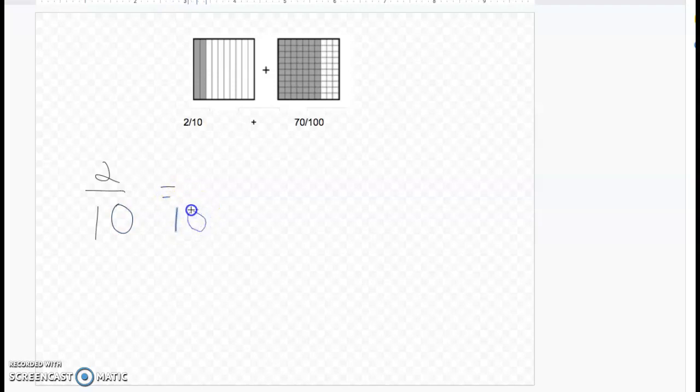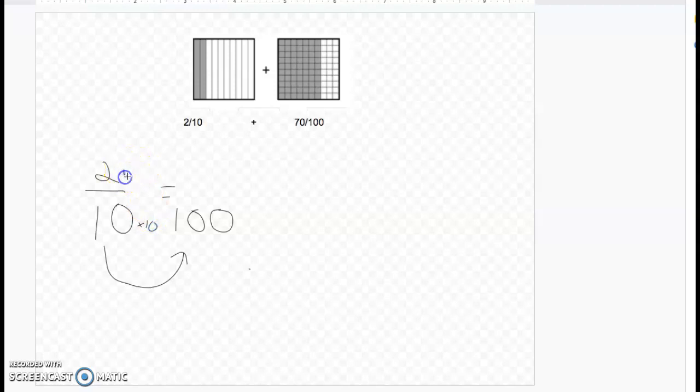So 2/10 is like 2 dimes. How many pennies are in 2 dimes? But you can ask yourself, how did the 10 become 100? Did I multiply or divide? And of course, you know that we multiply by 10. 10 times 10 is 100.